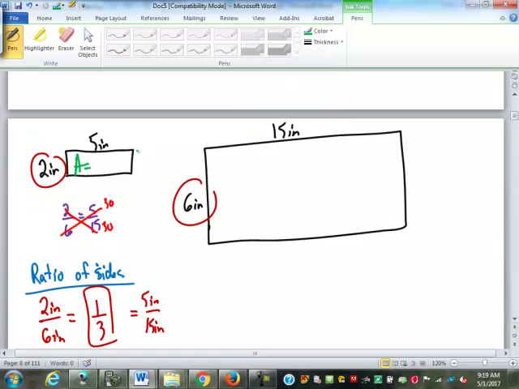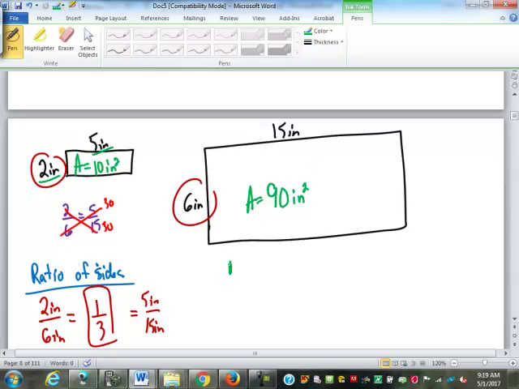What's the area of this figure? 10 inches squared, yes. 5 times 2 or 2 times 5. What's the area of this figure? 15 times 6 will be 90 inches squared.